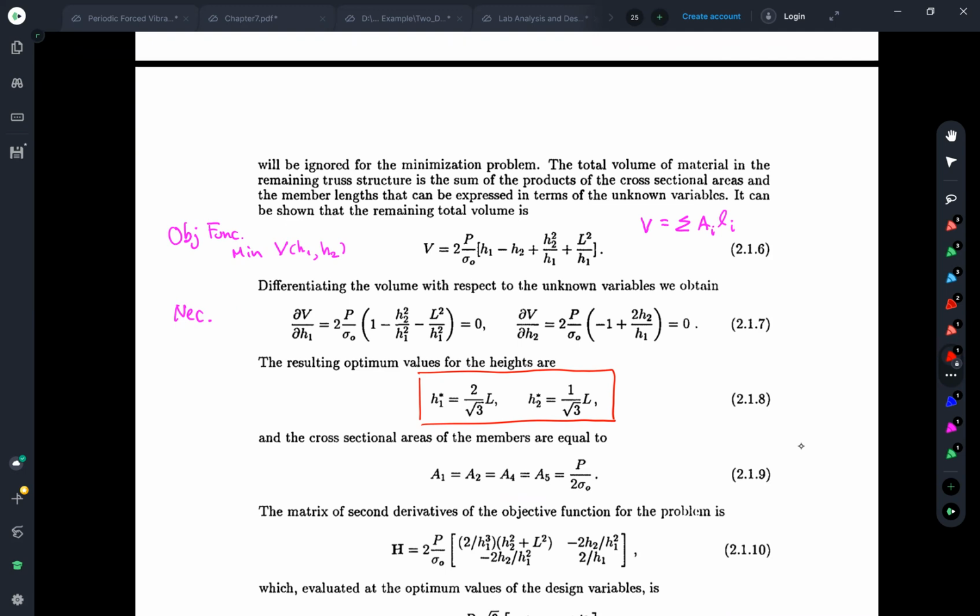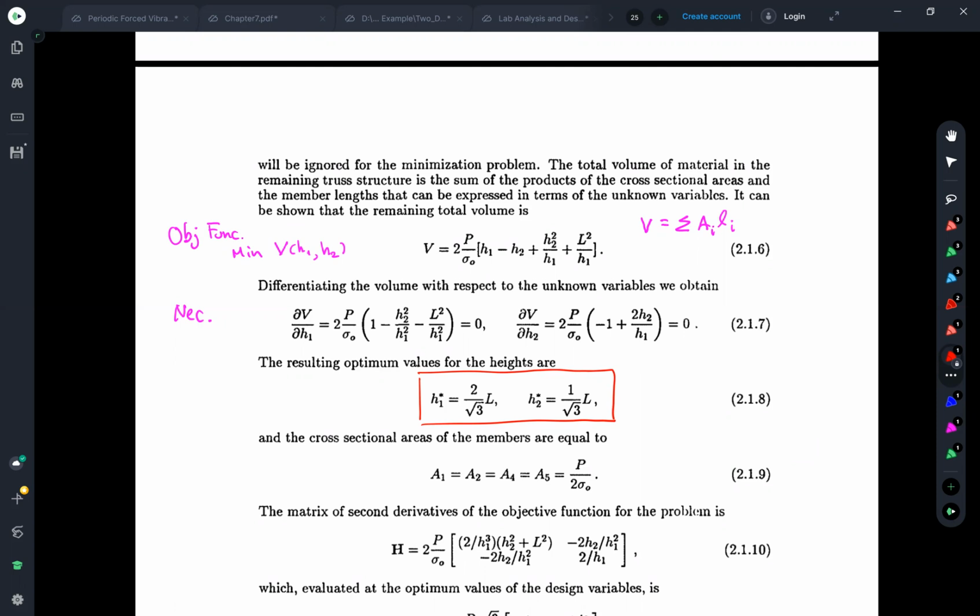H is the height of the member, right? The height of the vertical member at midspan is 2 times the length of the vertical member at the support. And the vertical member at the support is 1 over square root 3.